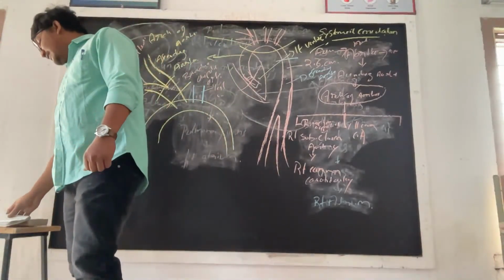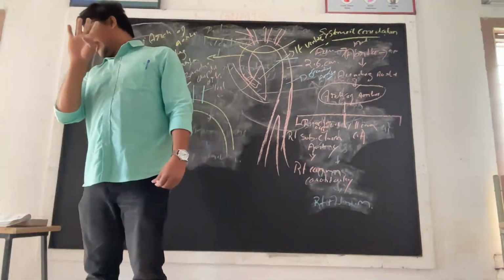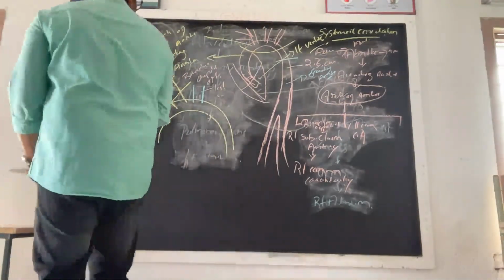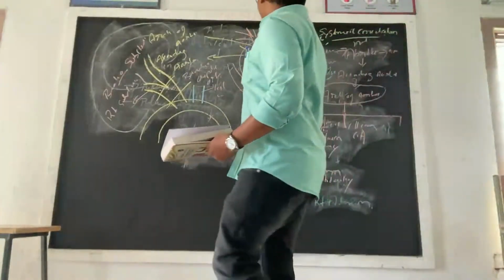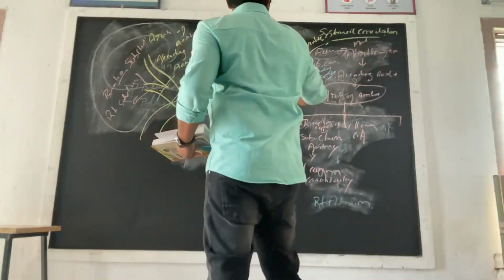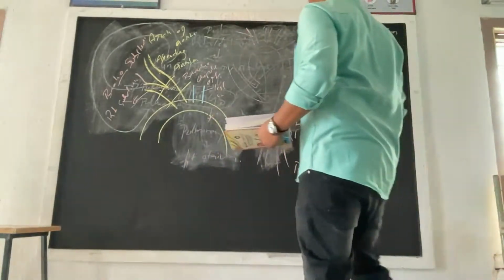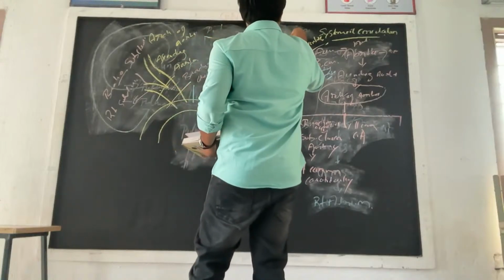What are the regions that are involved in thoracic aorta? So there are exactly three parts which are present in thoracic aorta. What are the three regions that are present in thoracic aorta?